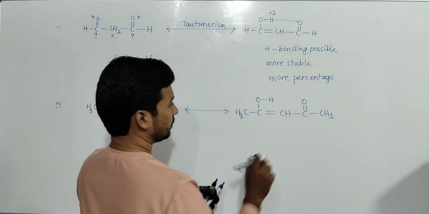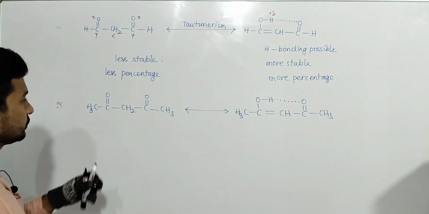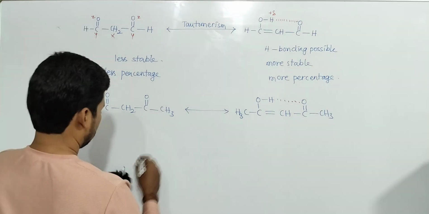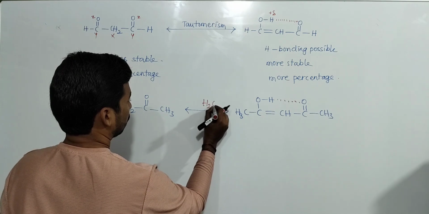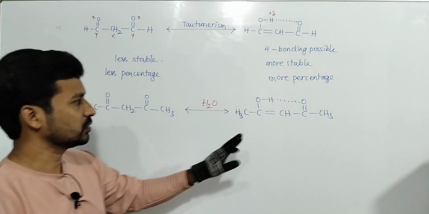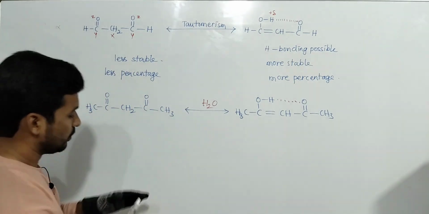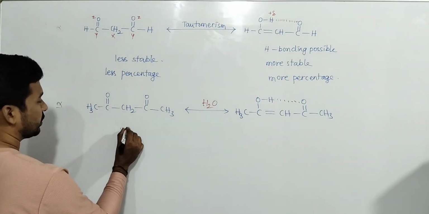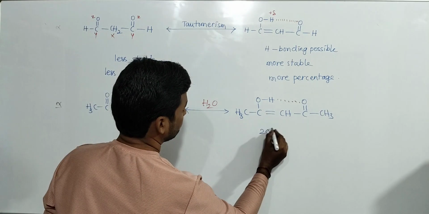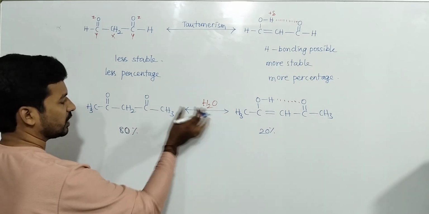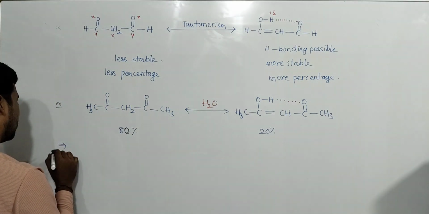Here hydrogen bonding is possible, but in polar protic solvents, the dominating character is not here. In polar protic solvent, this keto form is more content, almost 80%, and 20% the other. Of course, hydrogen bonding is possible. The idea that hydrogen bonding dominates over solvent is a wrong concept.